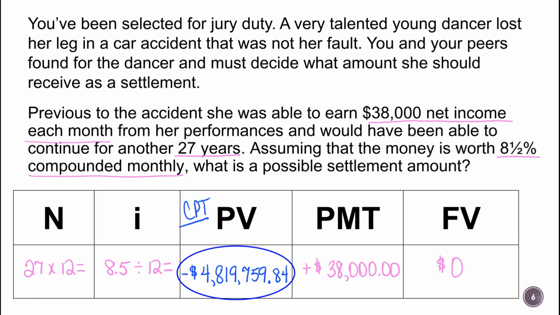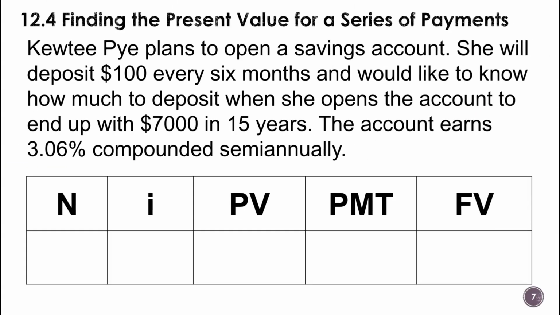All right, let's see where we are on time. I think we're going to try one more. Okay. All right. Cutie Pie plans to open a savings account. She will deposit $100 every 6 months and would like to know how much to deposit when she opens the account to end up with $7,000 in 15 years.